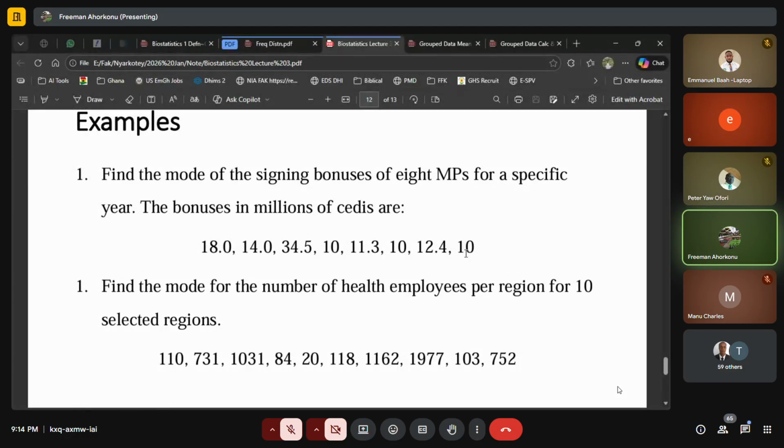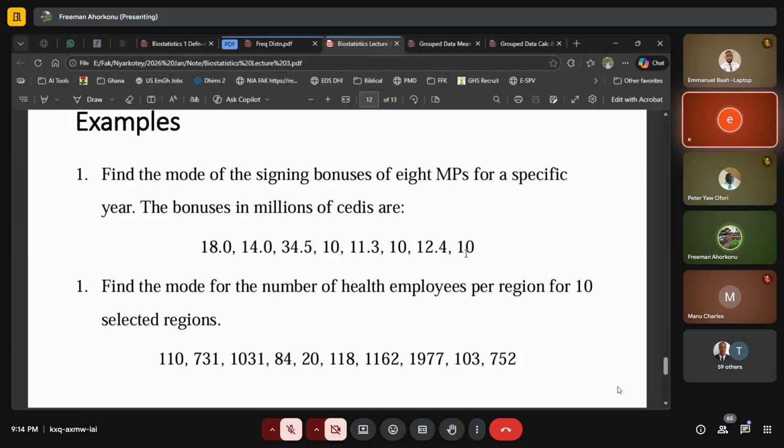Find the mode of the signing bonuses of 8 MPs for a specific year. The bonuses are in millions of cedis. We have 18 million, 14 million, 34 million, 10 million, 11.3 million, 10 million, 12.4 million, and another 10 million.